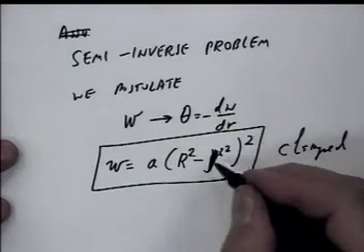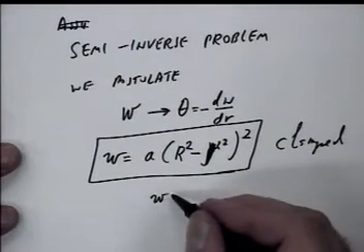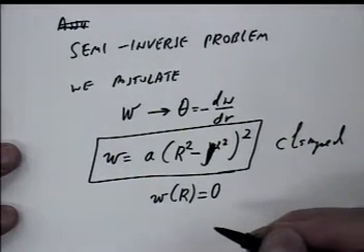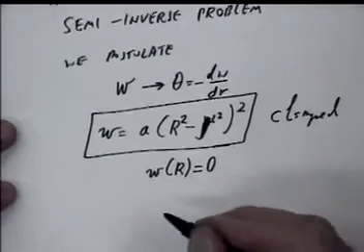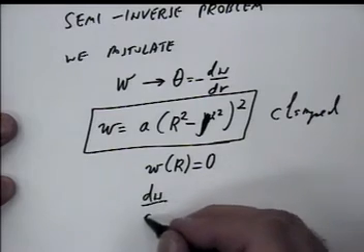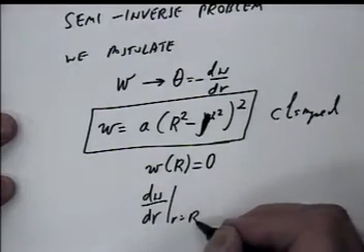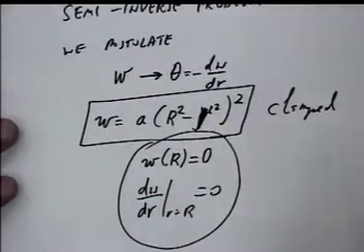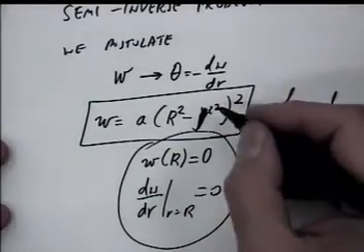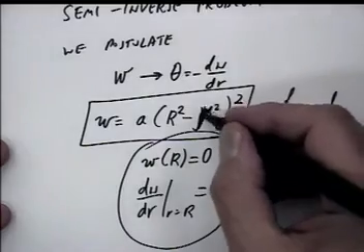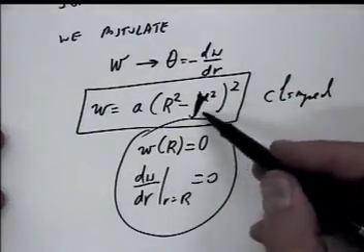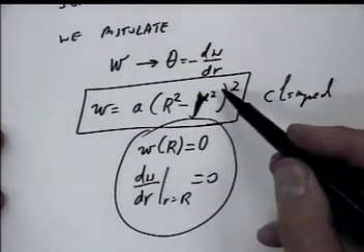Why? Because what we should have actually is as follows. W at r equals R must equal 0, and dW/dr at r equals R must equal 0. These are two conditions. These conditions are satisfied. If I substitute capital R instead of small r, I get 0.